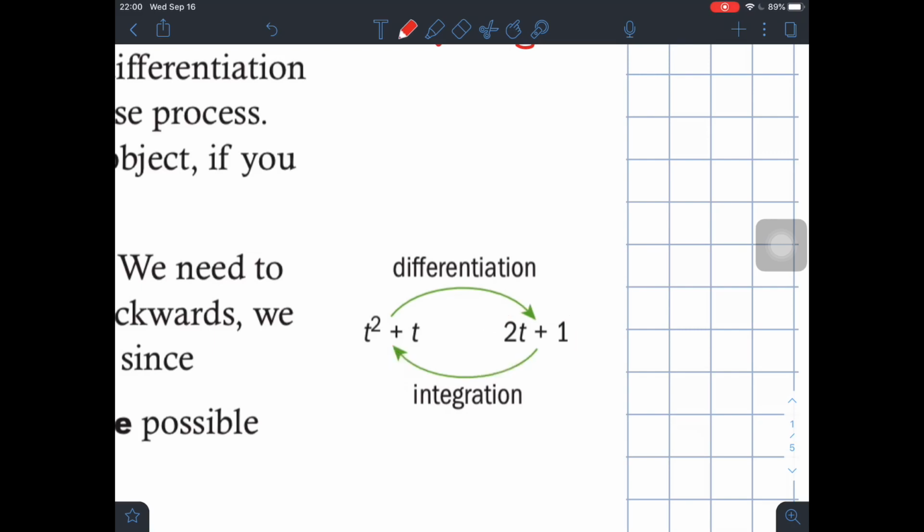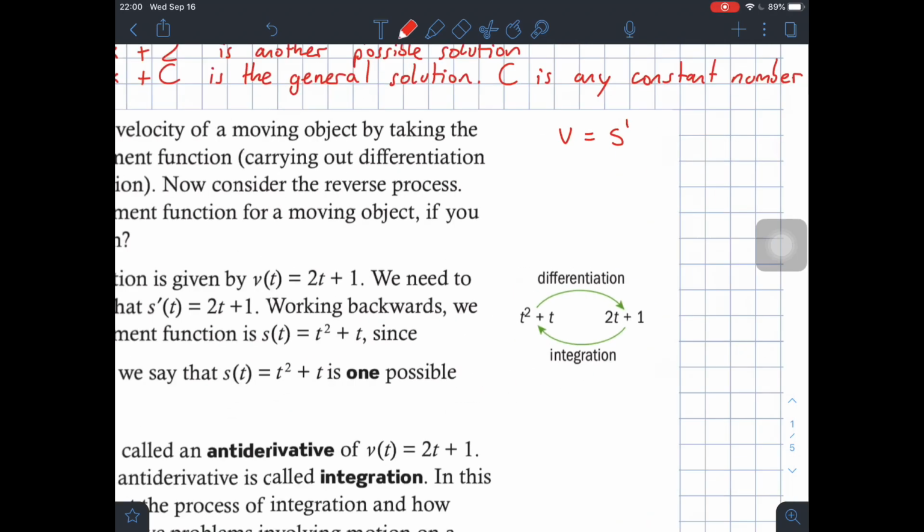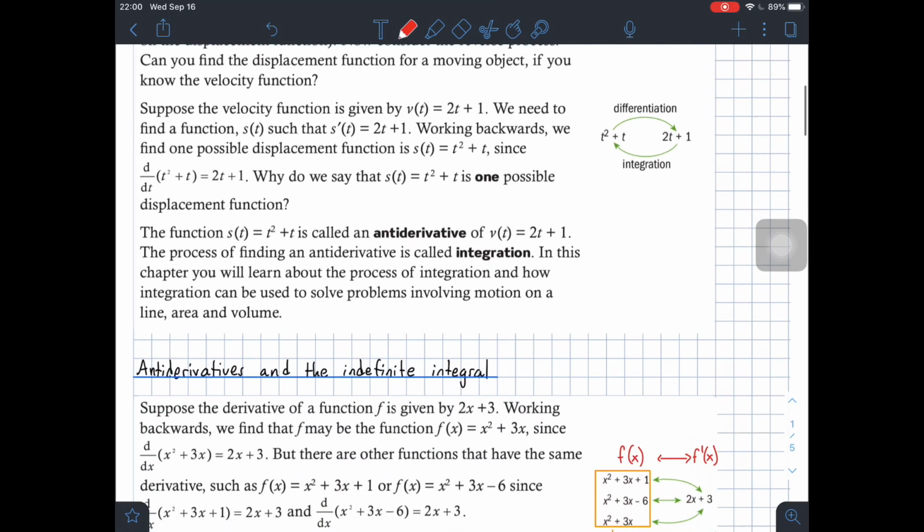So basically, differentiating, finding the derivative, is like decomposing the function, or making it 1 degree less, while integration does the opposite. It builds the original function, or the function which is 1 degree above this one over here. Okay, so that's the difference between integration and differentiation.